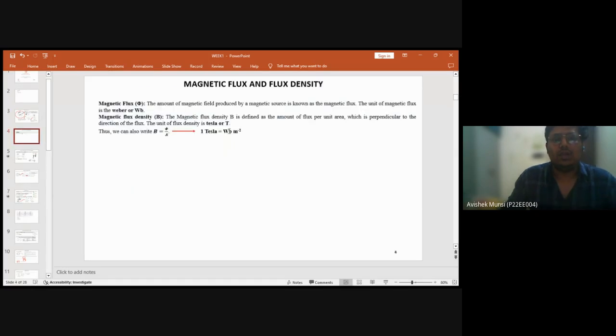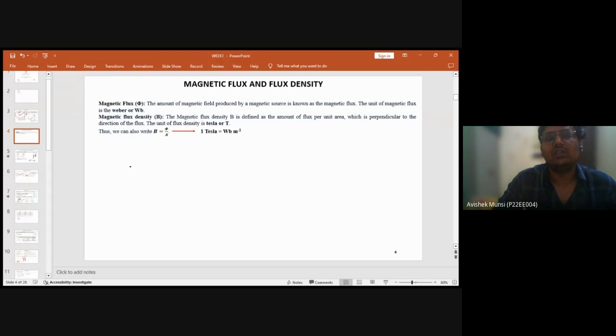The next thing we have to know about is magnetic flux. So what is magnetic flux? Basically, the amount of magnetic field that is produced by a magnetic source is called the magnetic flux. Its unit is Weber. And flux density: what is density? Mass per unit volume.